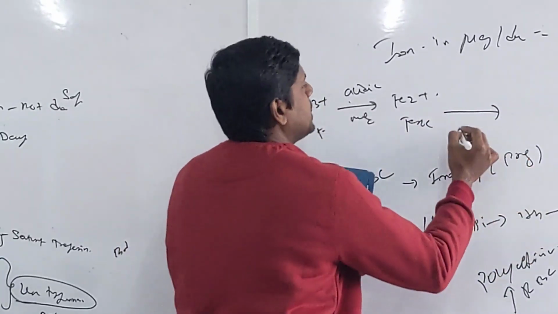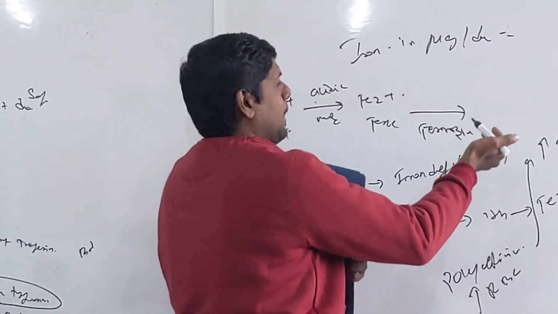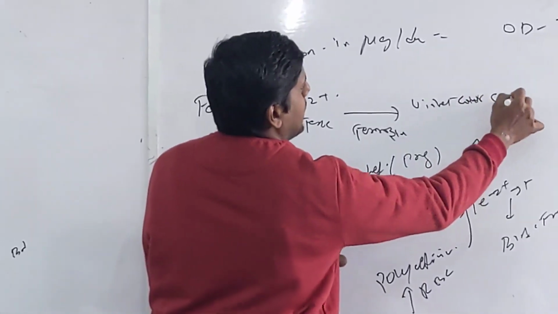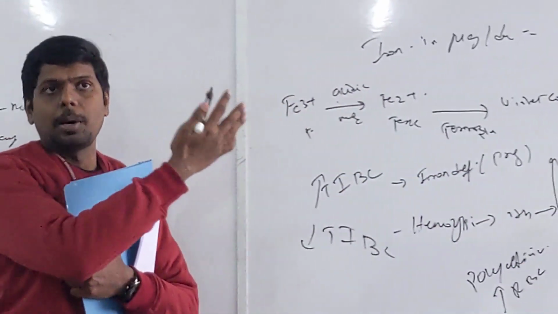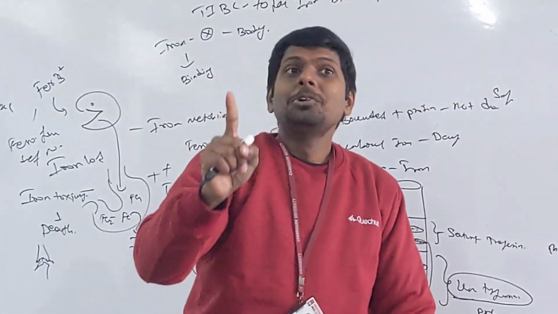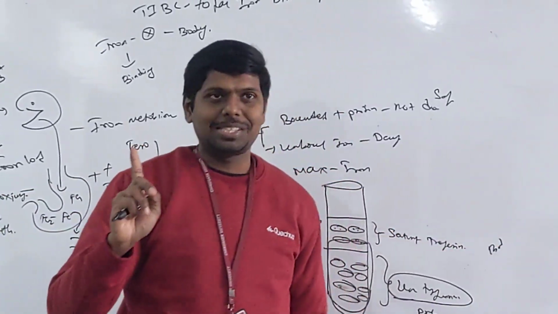That will be ferrozine. Ferrozine reacted and we will get a violet color complex. The amount of color is directly proportional to iron in the body. We are measuring iron to measure indirectly the TIBC, I mean indirectly the transferrin status.